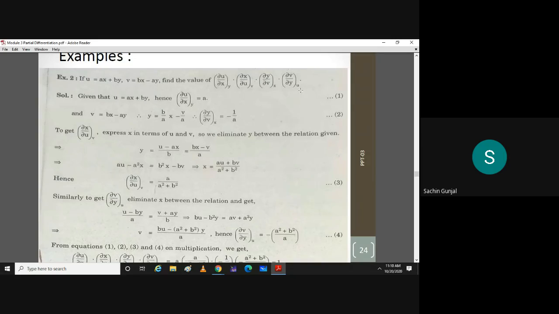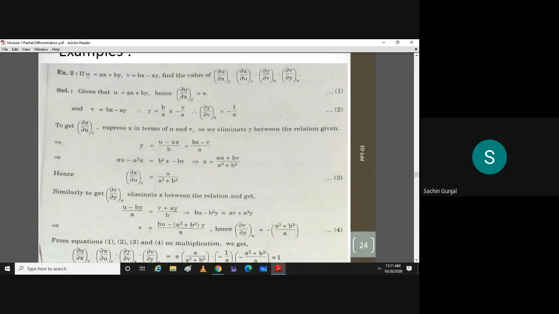So lastly, the partial derivative of v with respect to y, treating u constant. So we need to check whether we have a relation between v, y and u. Of course, there is no direct relation between v, y and u. So let us eliminate x from both these equations. From the first, (u − by)/a is equal to (v + ay)/b, both being the same as x.